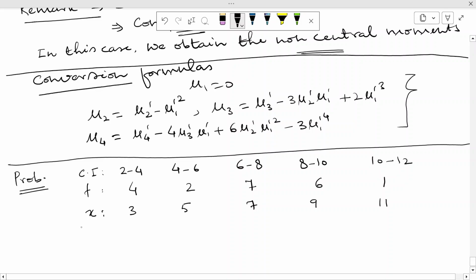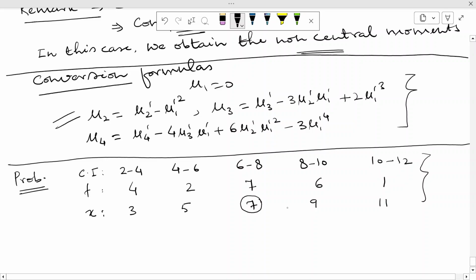Now in this problem we will calculate the non-central moments first, and after that we will convert those non-central moments into the central moments using these formulas. So here we will consider the arbitrary number as this observation 7.